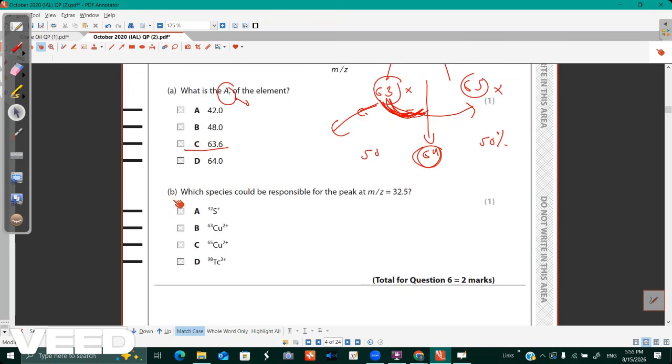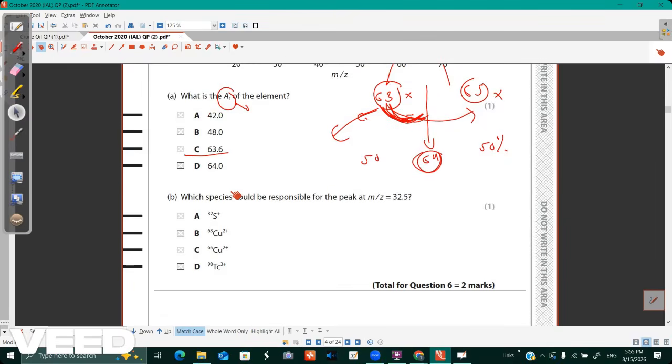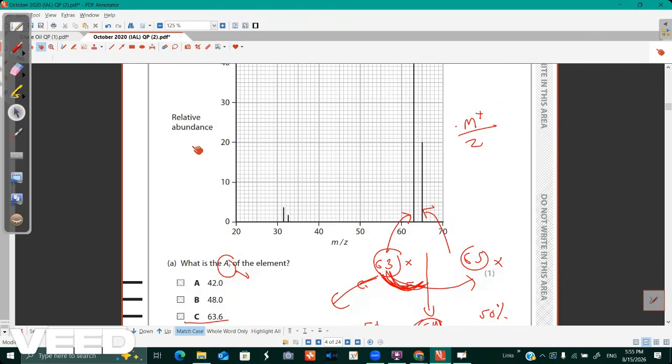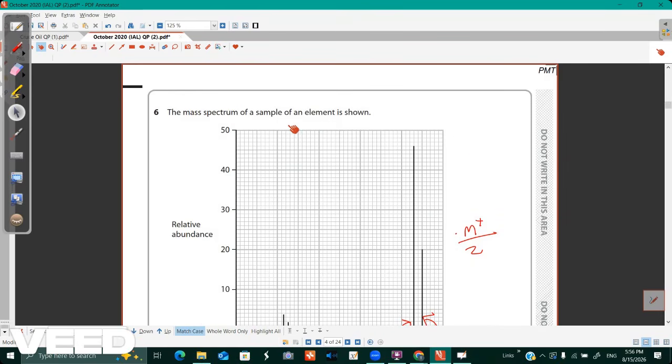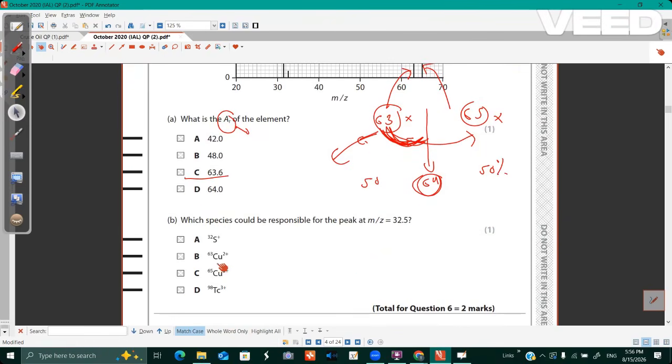Which species could be responsible for peak m divided by z 32.5? They have given it to us. Now we have to be very careful. It's a sample of an element, right? All these are elements, so any of the four could be the answer. Right now it says 32.5 m divided by z value.